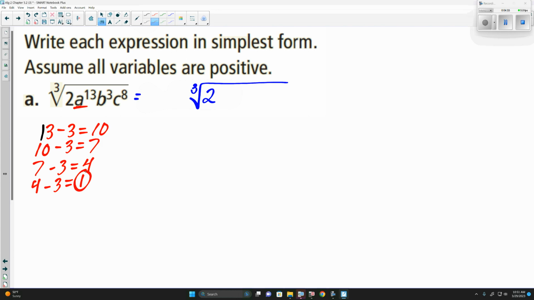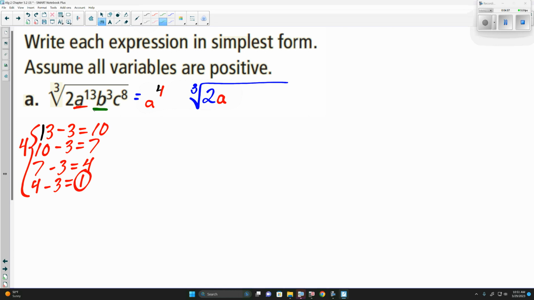So we keep taking those groups of 3 out until we can't anymore, and we're able to do it a total of 4 times. So we have a to the 4th on the outside. How many a's are left inside? a to the 1st. We don't have to write it because it's understood.